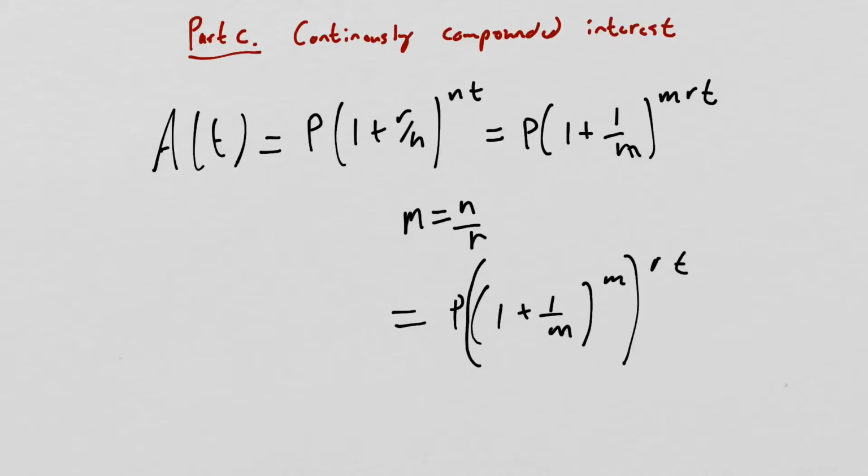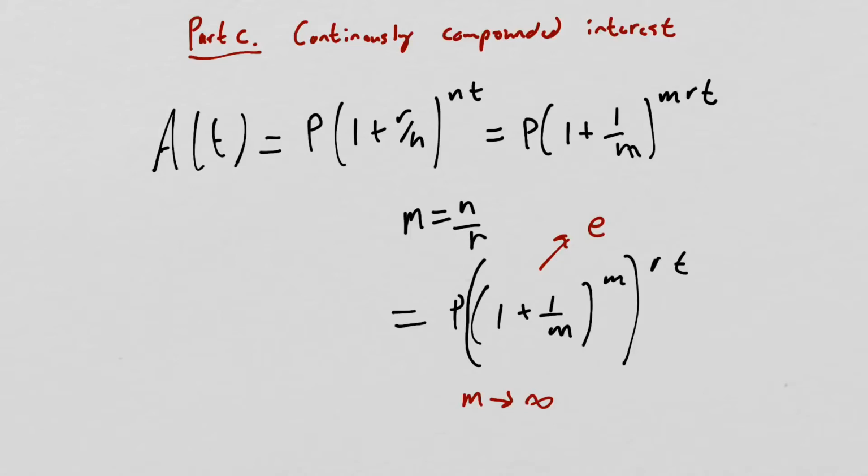Recall that by the definition of the natural number e, if we allow m to approach infinity, then the number inside this expression is going to approach e. So if we let our interest compound infinitely, then we can replace this entire expression with just the number e.